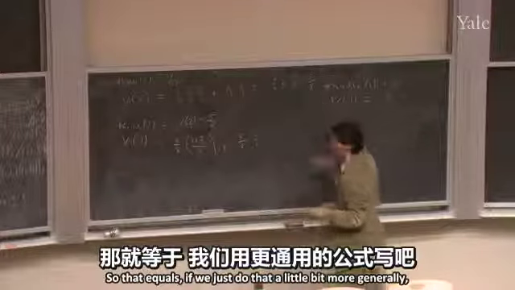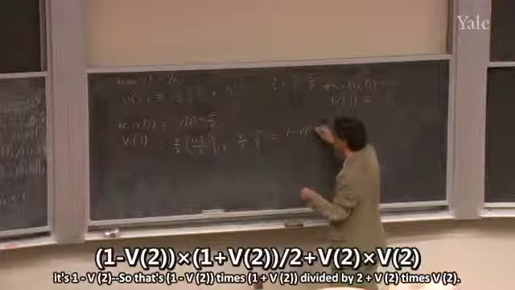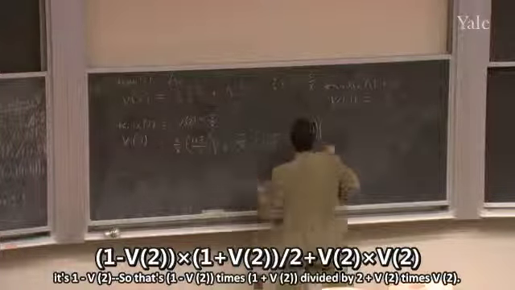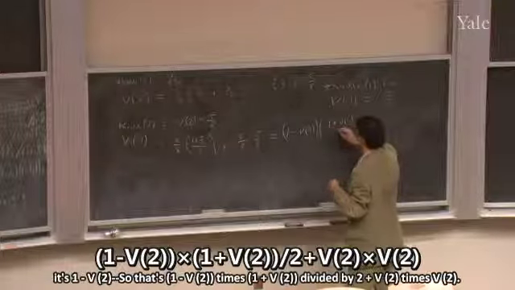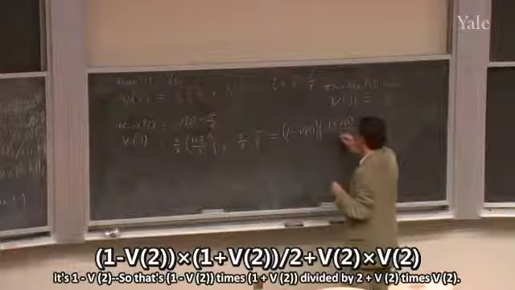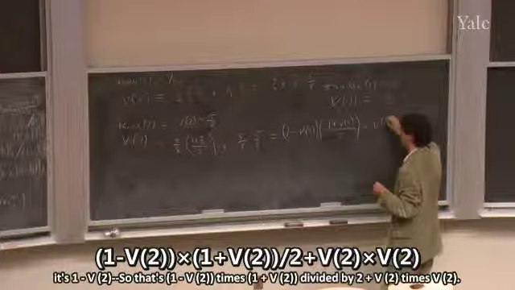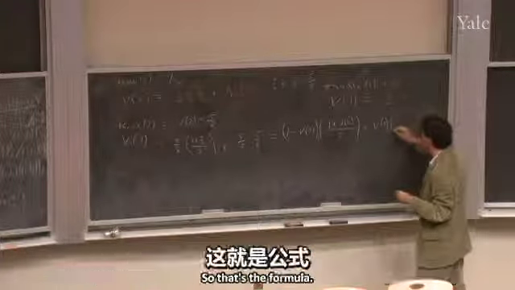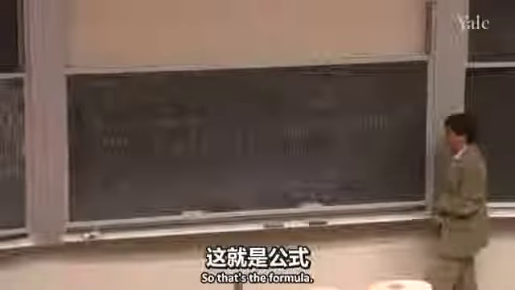So, more generally, it's 1 minus V2, times 1 plus V2 divided by 2, plus V of 2 times V of 2. That's the formula.